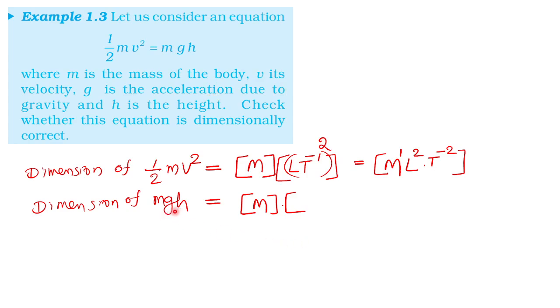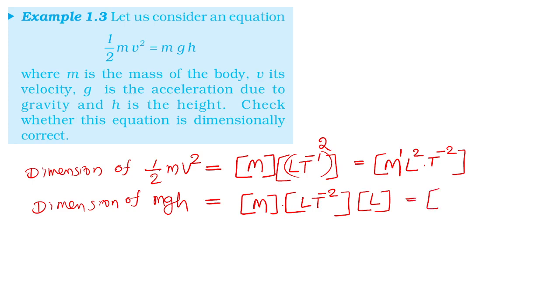That is G. Acceleration has the dimension L T raised to minus 2. I told you to memorize that. Whatever type of acceleration it may be, acceleration has the dimension L T raised to minus 2. H is the height mentioned in the question. Height is length, L.